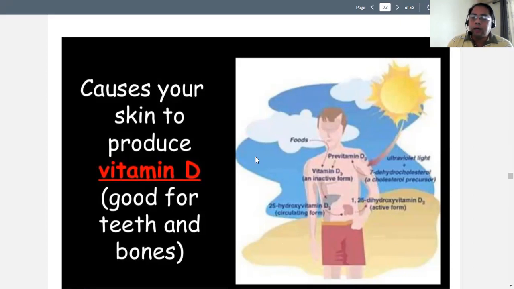Now, to some people who are not able to get vitamin D from the sun, it's not actually the vitamin D from the sun, but there's a reaction that happens in our body whenever we are exposed to ultraviolet rays. So when we get ourselves sun-tanned for some good amounts, then our body can create vitamin D. But if you cannot get vitamin D from the sun, you can get it from fish, cod liver.